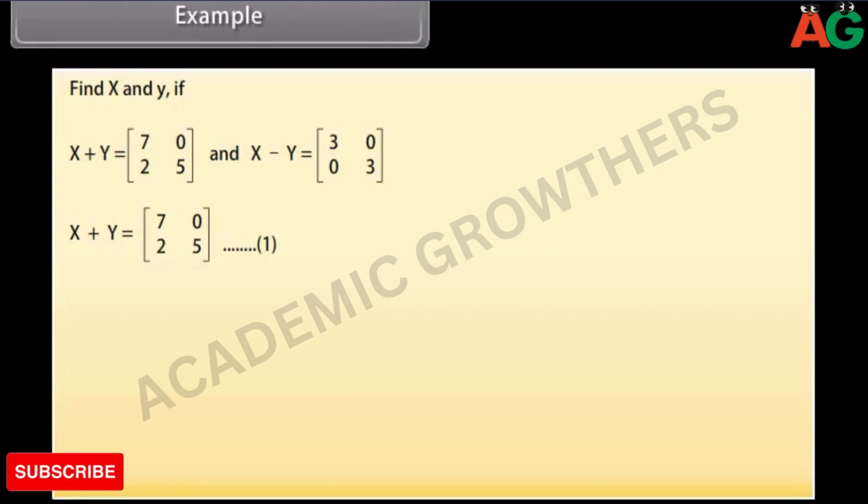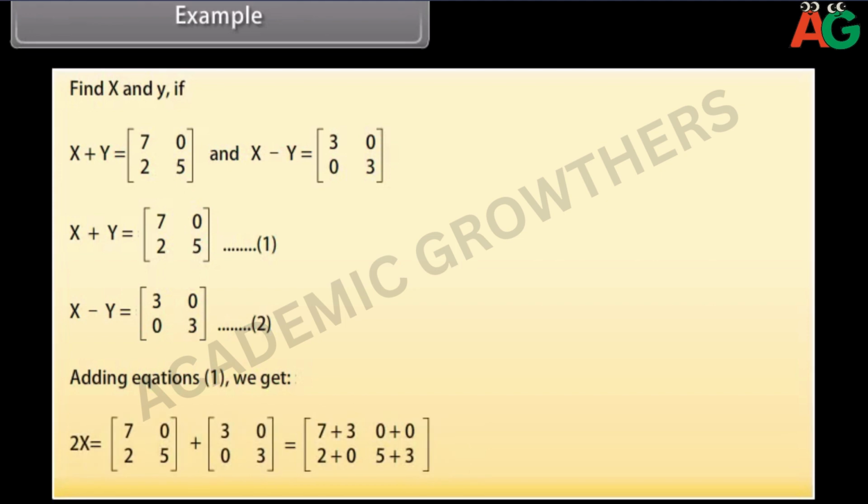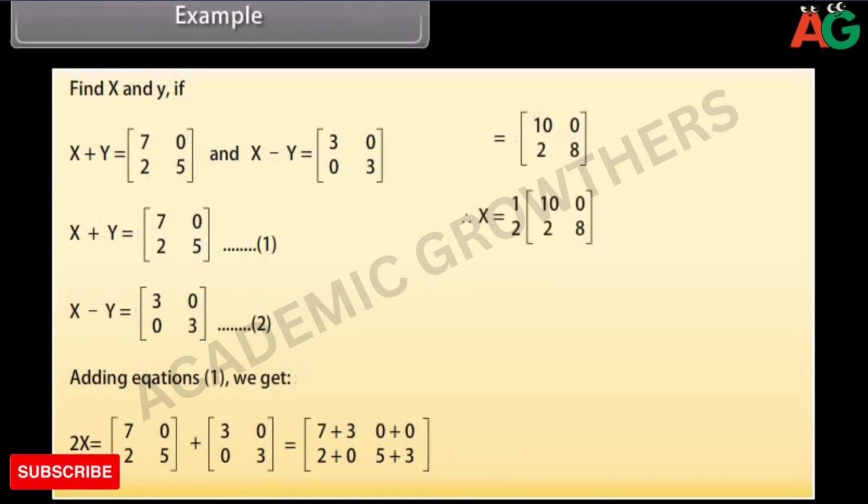Given X plus Y and X minus Y, mark them as 1 and 2. Now, add equations 1 and 2, we get 2X is equal to the matrix: first row 10, 0; second row 2, 8. Therefore, X is equal to the matrix: first row 5, 0; second row 1, 4.